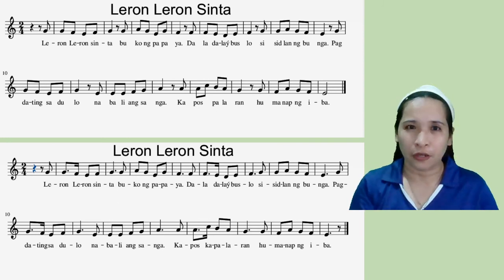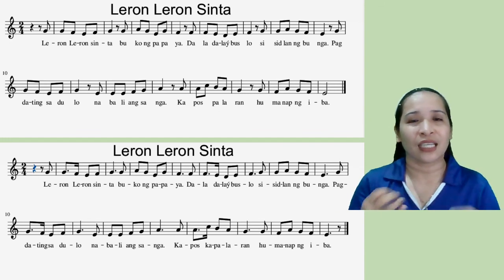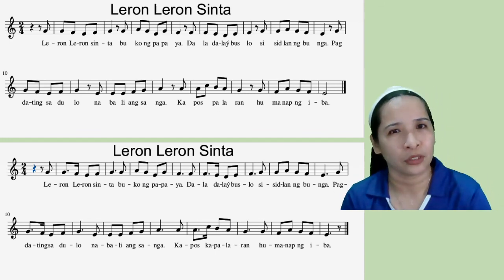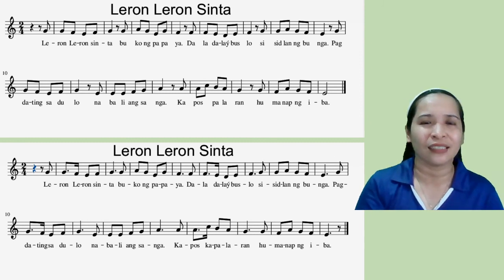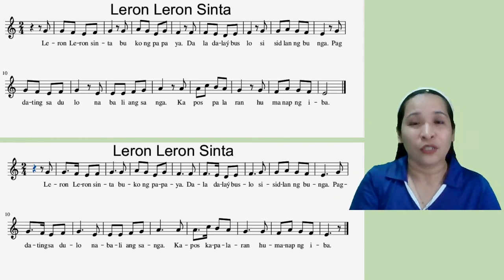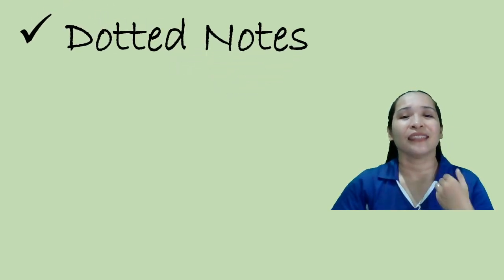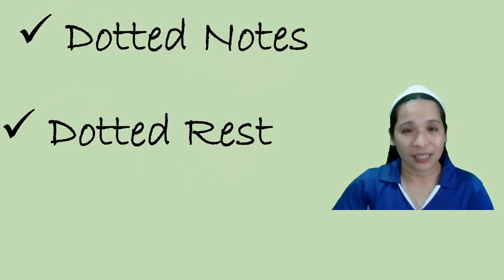Therefore, a composer or an arranger can use a dotted note or a note without the dots in the same arrangement. So to wrap up, our lesson is all about dotted notes and dotted rests.